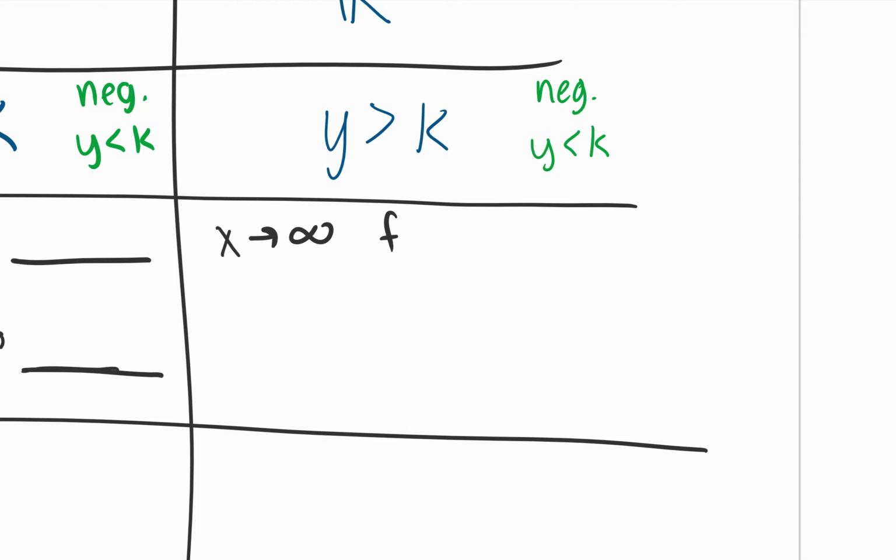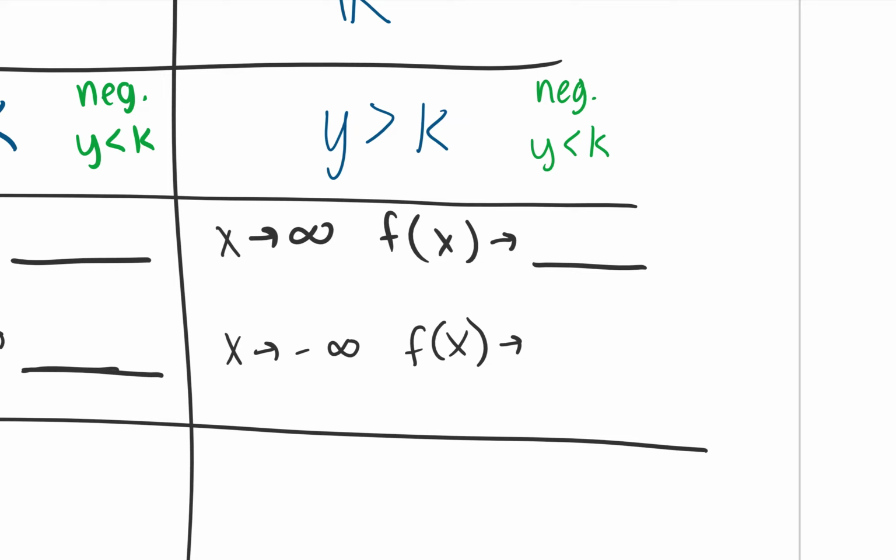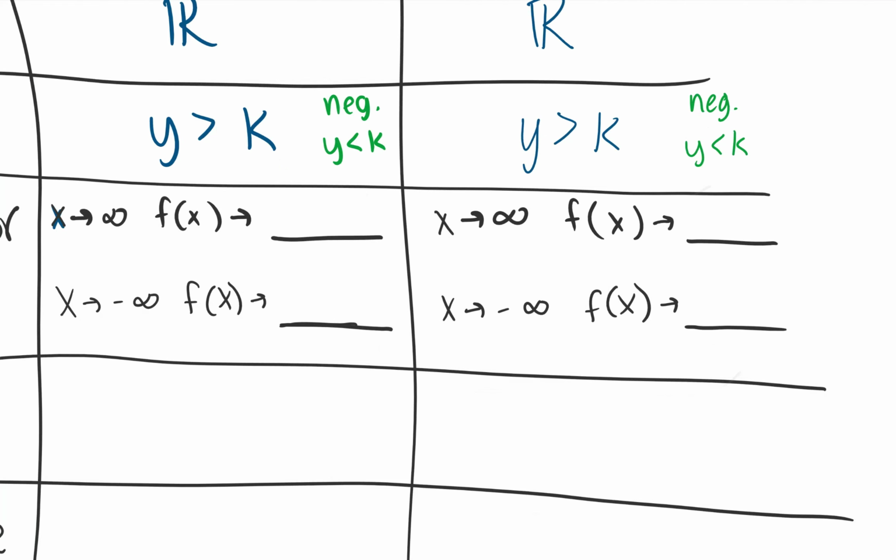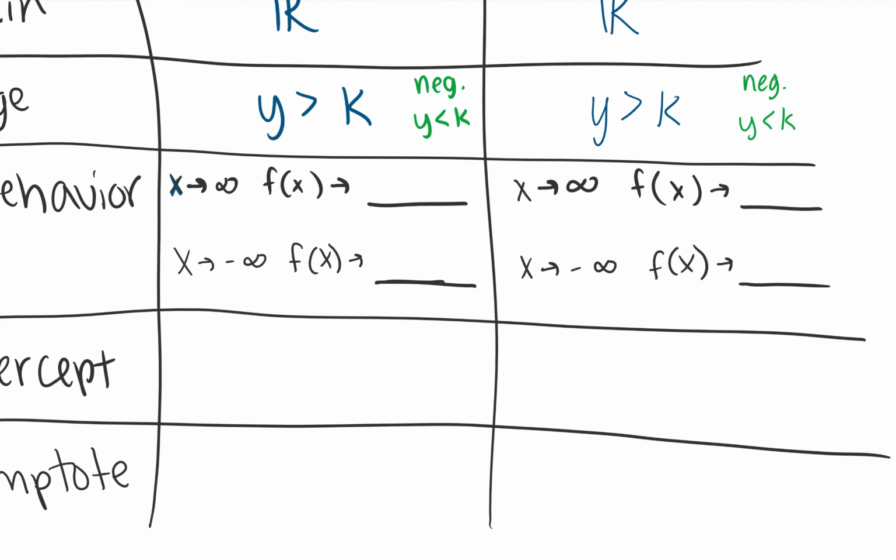And if you're wondering where I get these from, if you just look right above where we have to fill this stuff out, you'll see these just like this. And usually this is how you'll see it anyways. Like they always have the infinity, negative infinity. You have to fill in the y, the f of x. Alright, so if you need to pause it to write that down, that's fine.